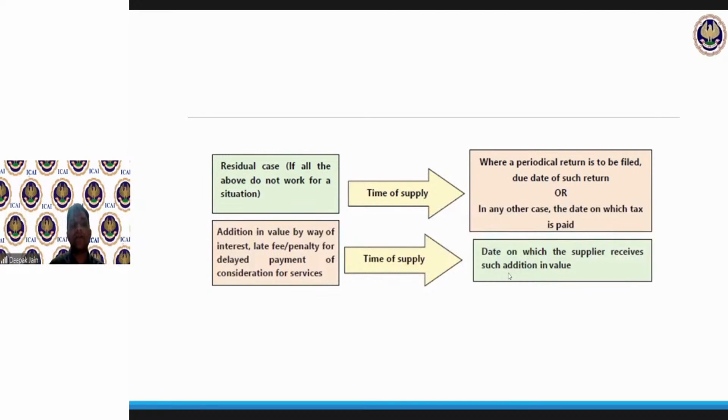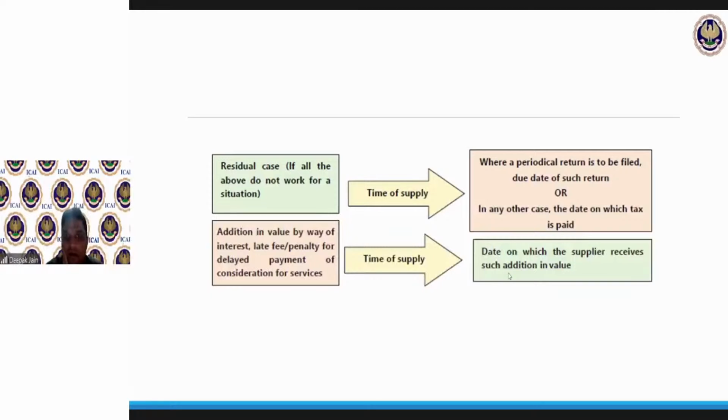Please provide an example for delayed payment. Say I have agreed that I will make the payment within 15 days, and if I have not made the payment, then the supplier will charge late payment charges. I've raised the invoice on 15th March. 15th March is the time of supply for these goods. Now the agreement was that you have to make the payment by 31st March.